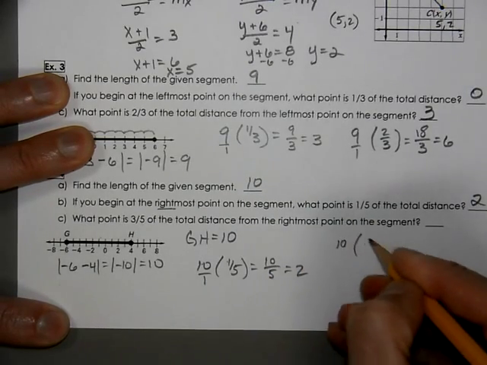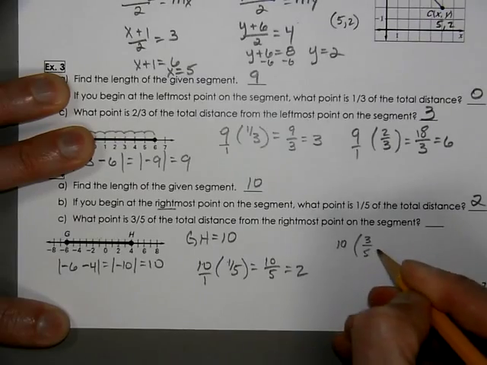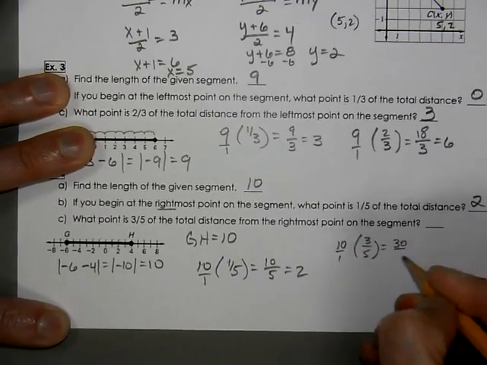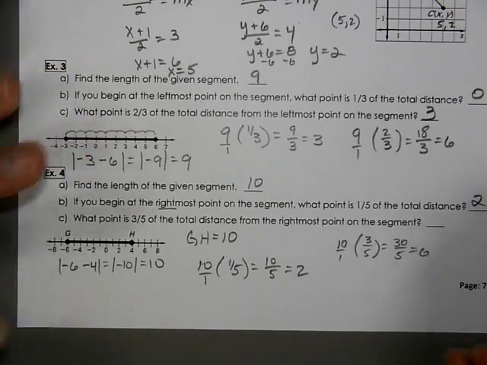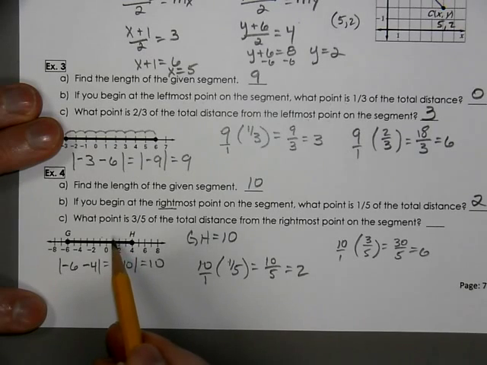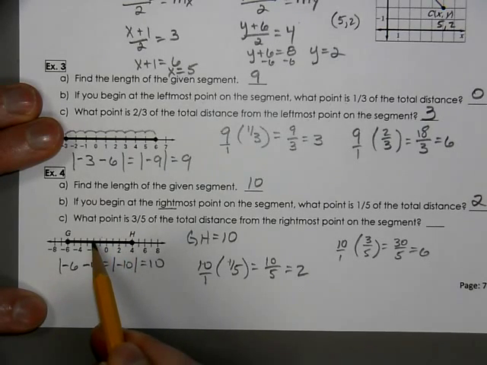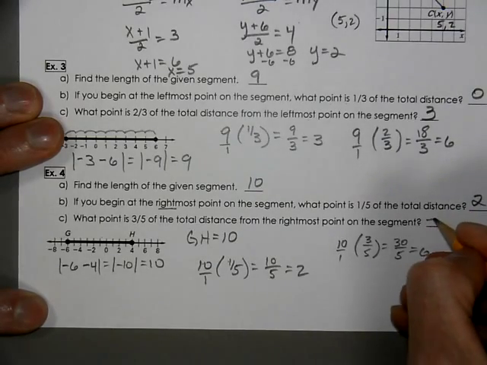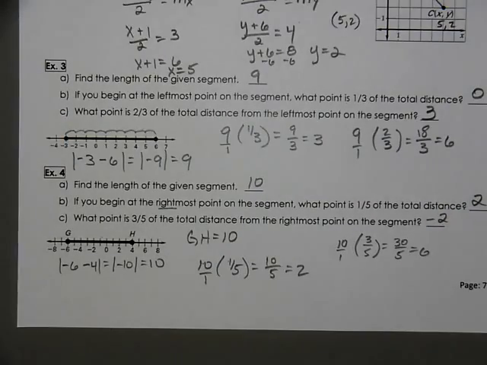So we take our 10, we times it by 3/5. That's going to become 30 over 5, which is a total of 6. So from here, 1, 2, 3, 4, 5, 6 puts us at -2. So what point are you at? You're at point -2.